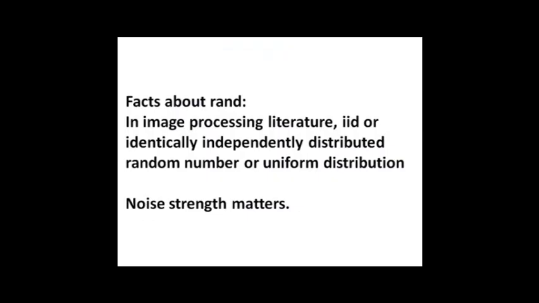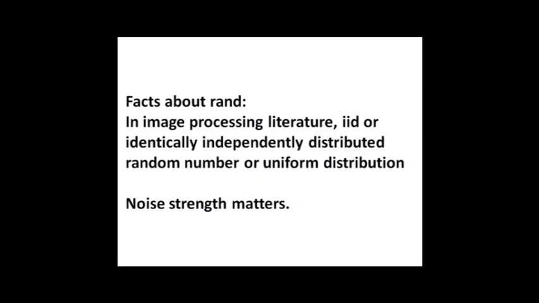The random number generator rand has some statistical implications. In image processing literature, rand has a link with a statistical definition. We call it IID, or identically independently distributed random number. It has also another name, which is called uniform distribution.